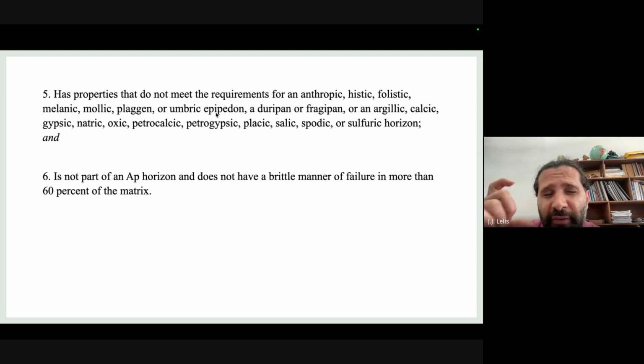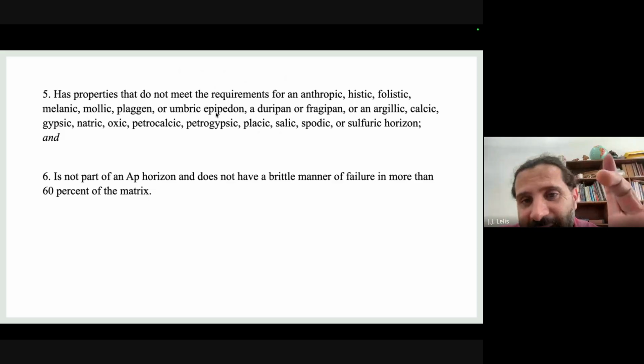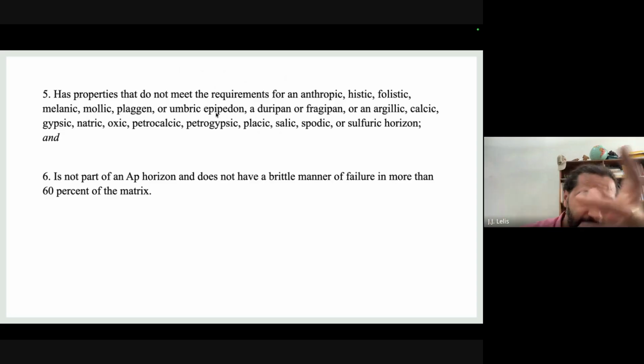Okay, I don't remember very well, but I'm reading in the manual now, and as I can remember, the first 15 centimeters of the Cambic horizon will be called ochric, but will be ochric and Cambic horizons at the same time, okay? And as I said, the Cambic horizon cannot fit the criteria from any of these.